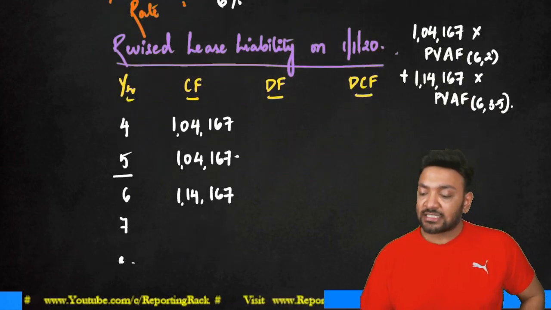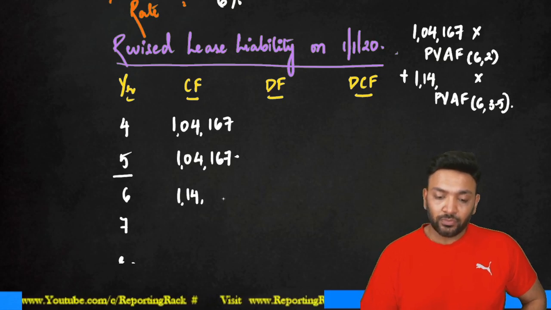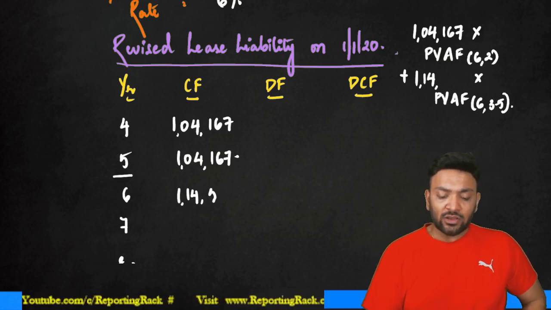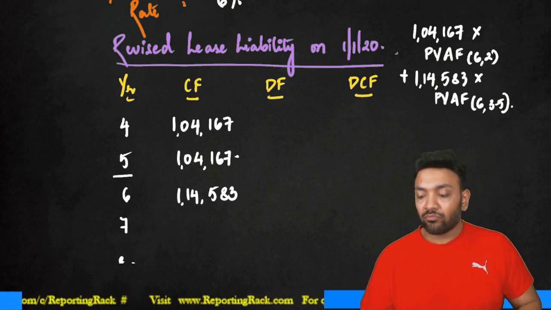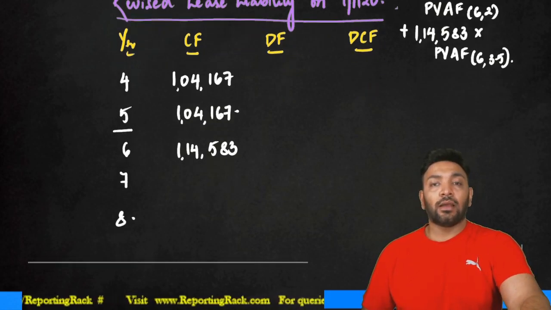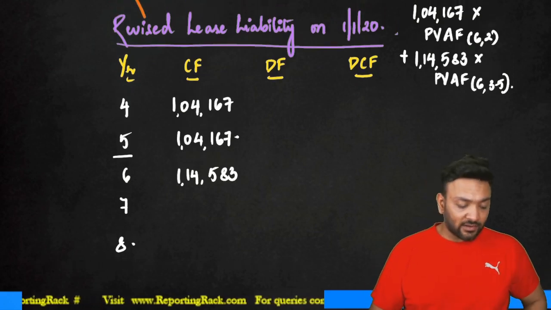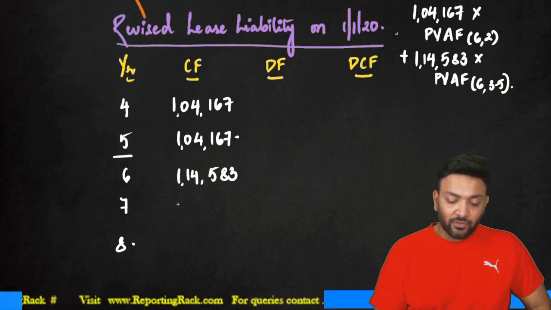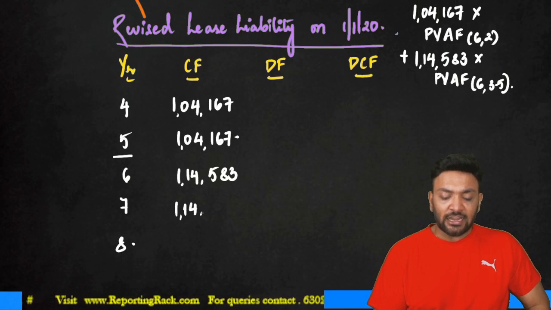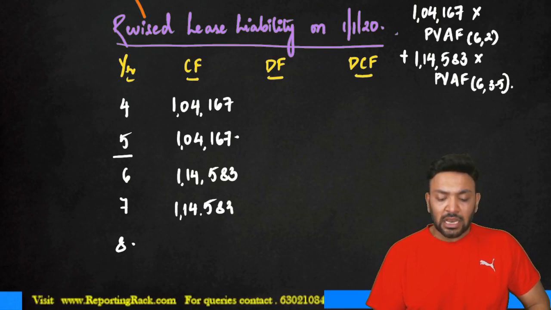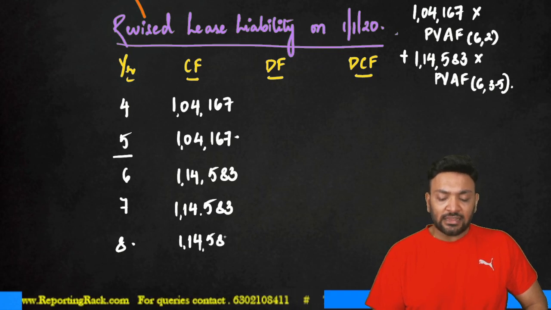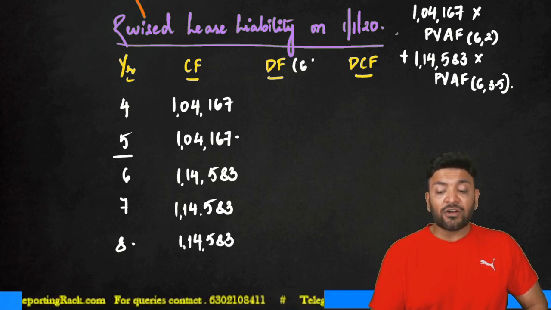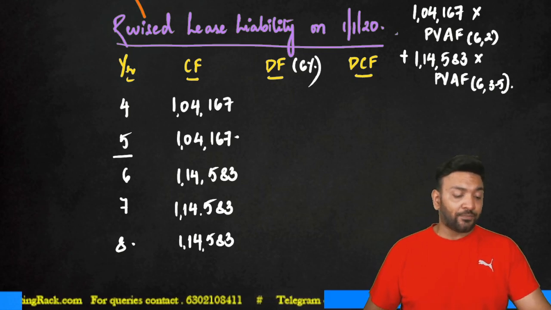Sorry guys, not 167. 1,14,583. I think you people have already corrected it. 1,14,583. Last year also the same cash flow. 1,14,583.